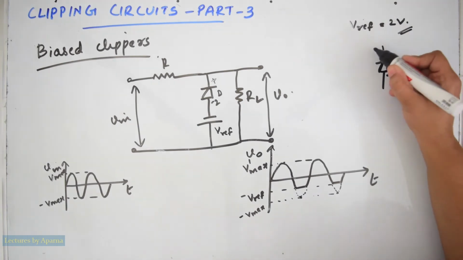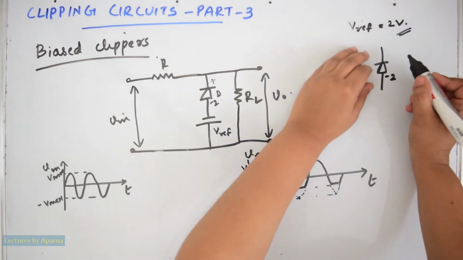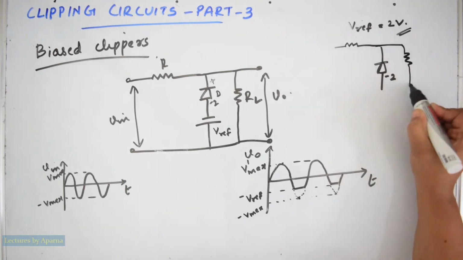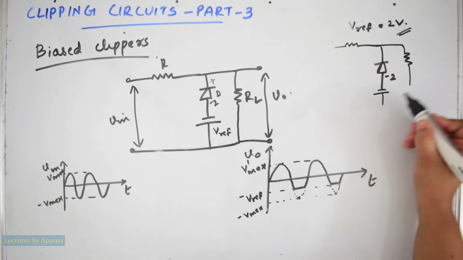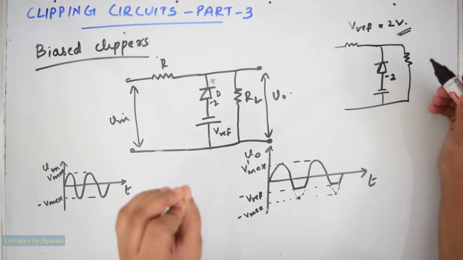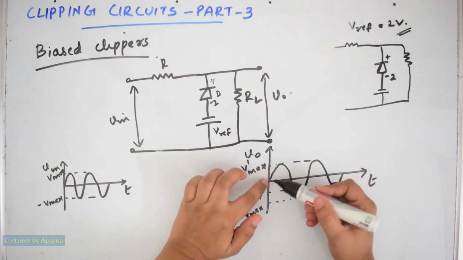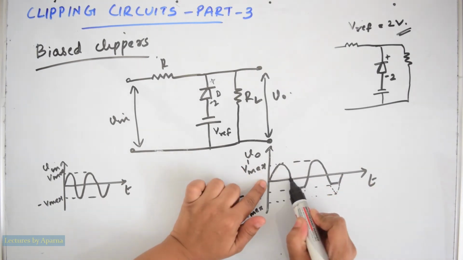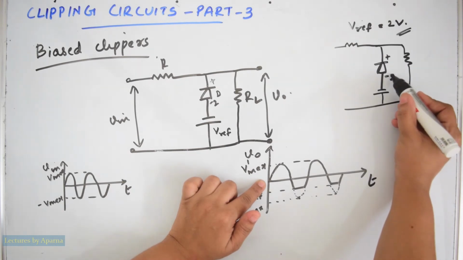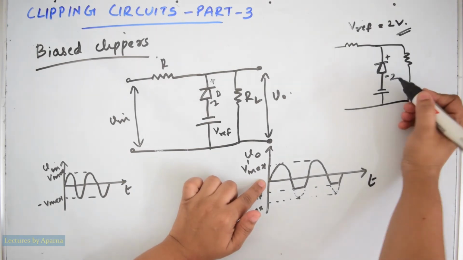Okay. And during the positive half cycle, what is happening here? I am having a load resistance here, battery here, like this. So during the positive half cycle, all the positive voltages will be coming here, and the voltage here will be a negative value, minus 2 volt.